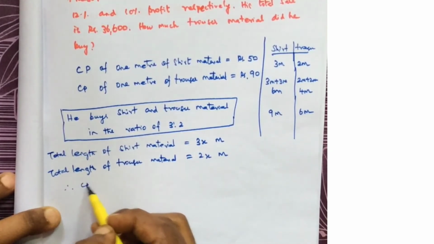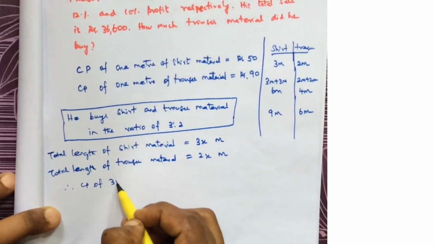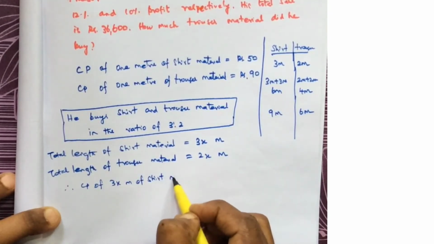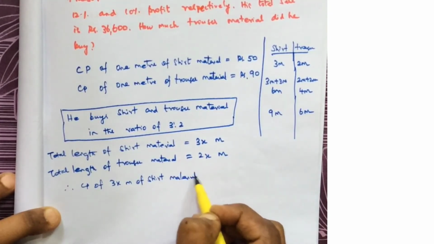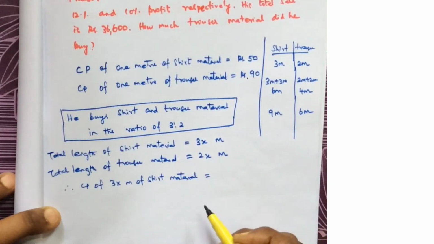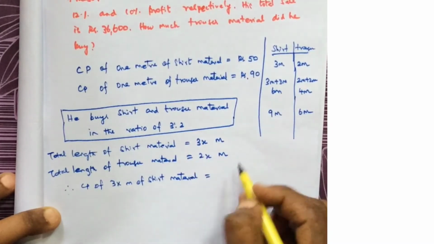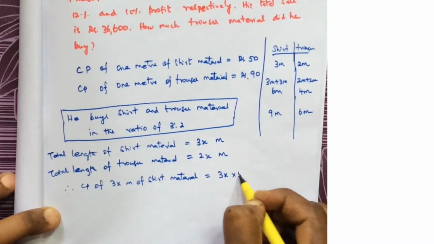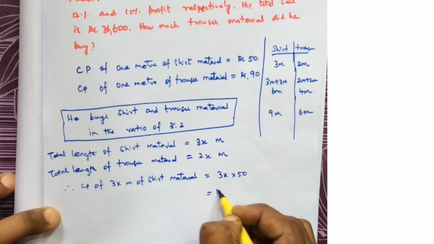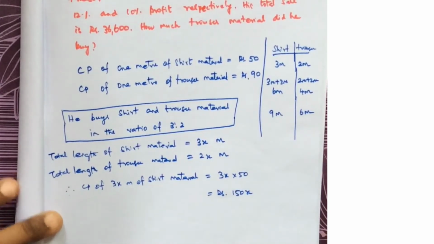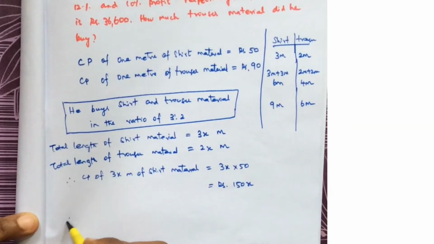Therefore, cost price of 3x meter of shirt material, what is that? For 1 meter it is rupees 50. For 3x meter, 3x multiplied by 50, that is equal to rupees 150x.